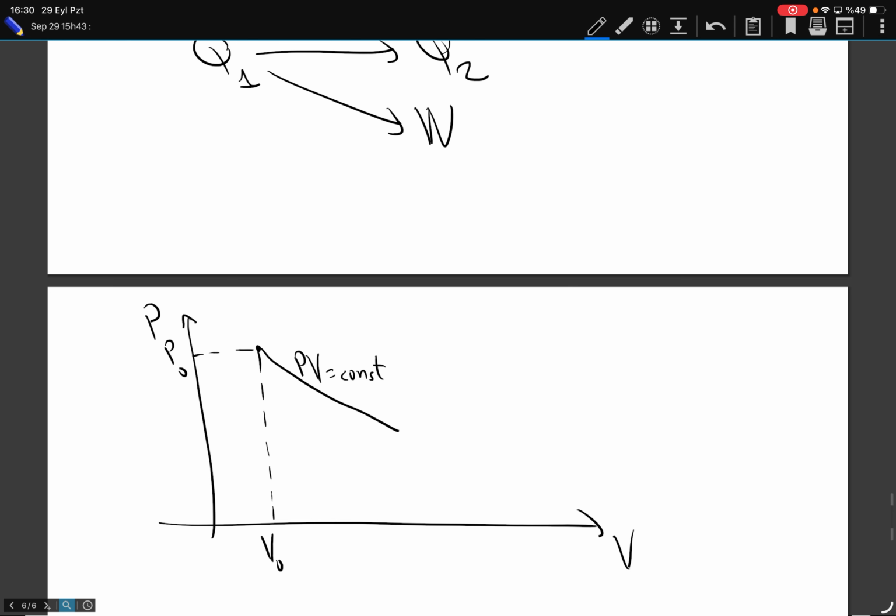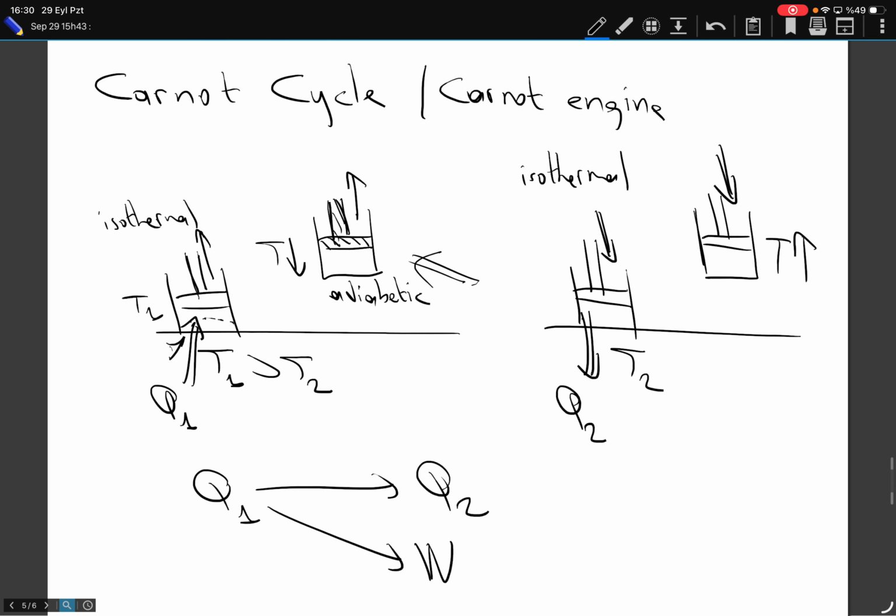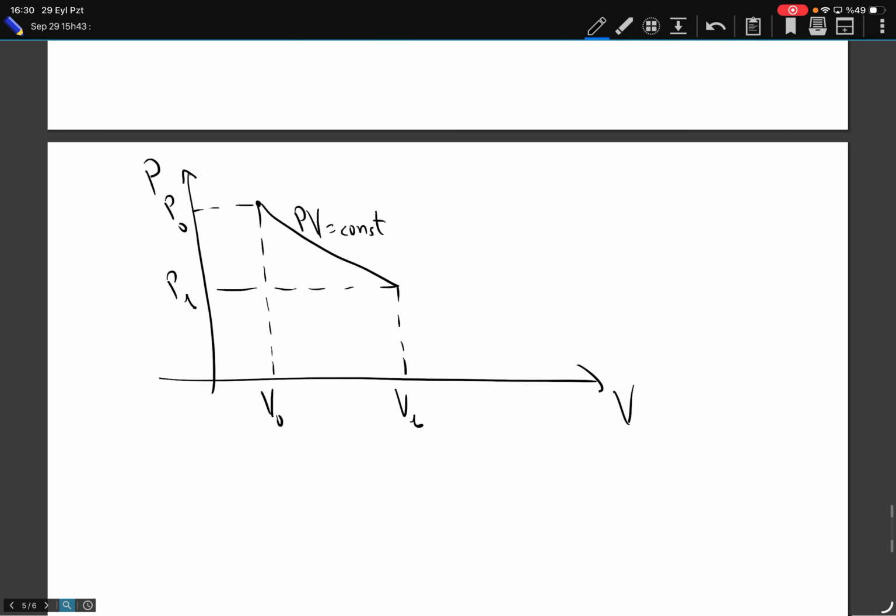Once it reaches, let's say, the volume V1 at the pressure P1, now I'm at the second stage. I allow it to keep expanding, but now this is an adiabatic expansion, so its temperature is also dropping. In an adiabatic expansion, PV to the gamma is constant.